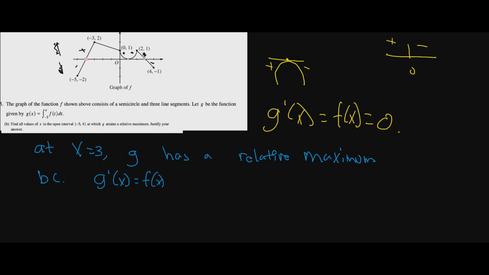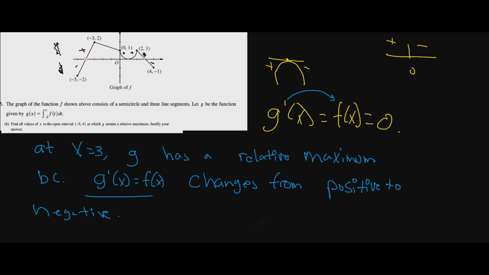Okay, very important we use this relationship because in order to talk about g, we gotta talk about f. So because g prime of x equals f of x changes from positive to negative. Thank you very much. I'll take my plus 2 points from this problem. Plus 2 points. And we're ready to move on.